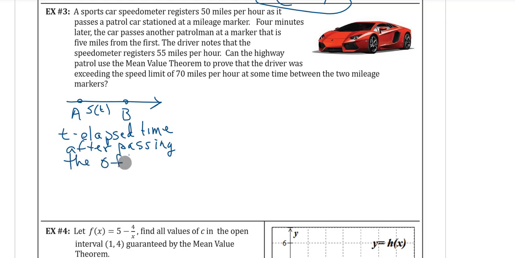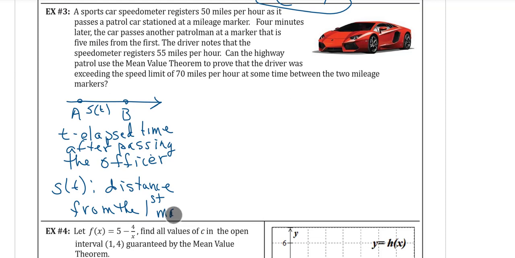Or you could say the officer, because he's at the first marker. Okay, and just to label this a little better, S of t is the distance. So that's what we're looking at here.